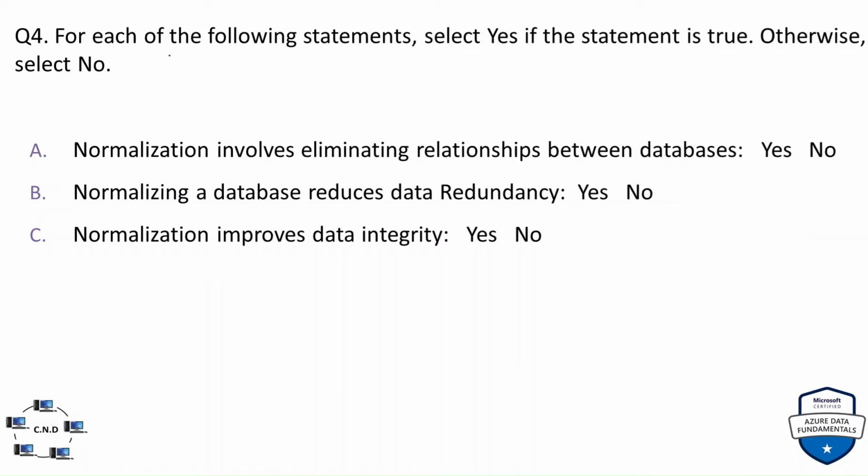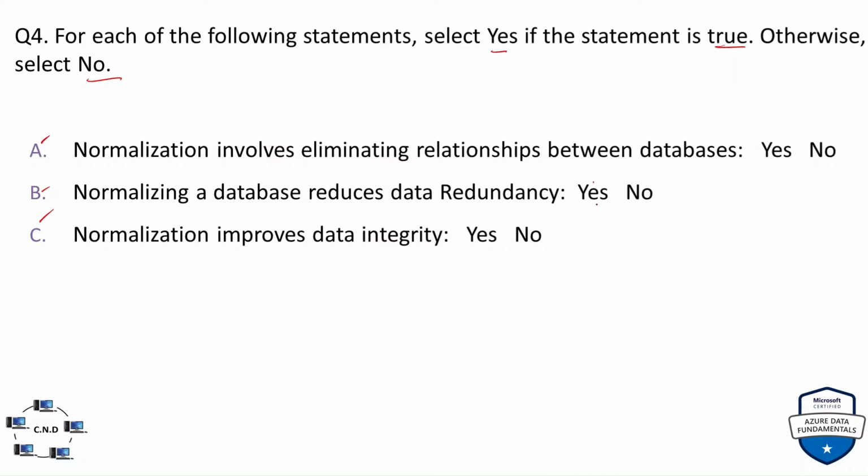Question number four is that for each of the following statements, select yes if the statement is true, otherwise select no. Statement A is normalization involves eliminating relationships between database, yes or no. Statement B is normalizing a database reduces data integrity, again options are yes or no. And statement C is normalization improves data integrity.